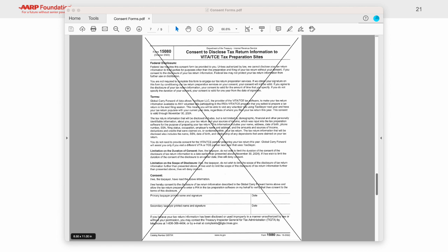Now, just a procedural issue. When a tax return is complete, the demographic information on the intake form and information on the consent forms is recorded by the tax counselor into the software. Now, it doesn't impact the tax return. It just captures information for use by the IRS and Tax-Aide.